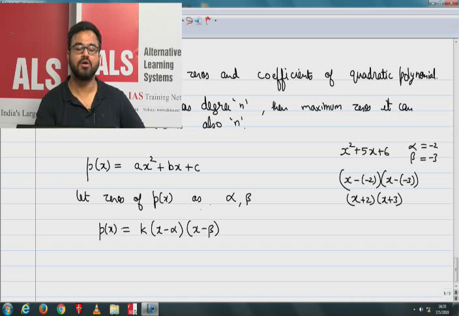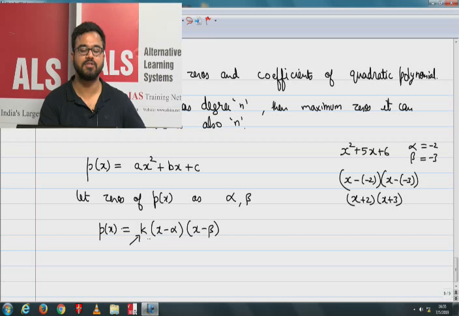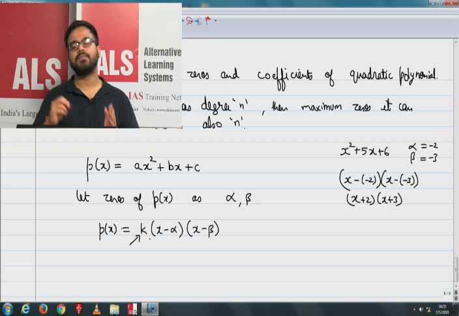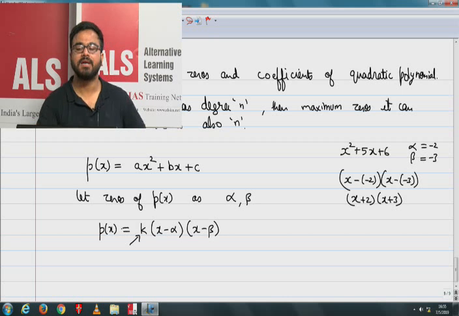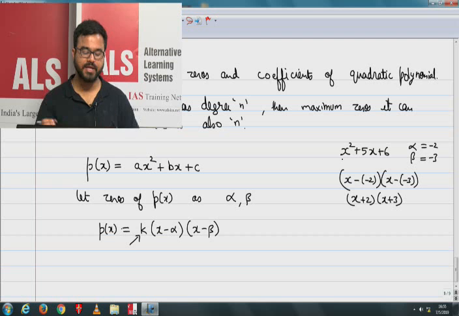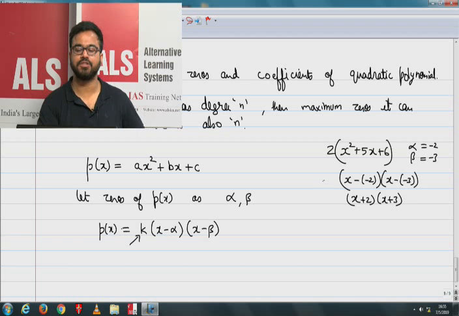Now you must be thinking, why is there a k in the starting? This k can be a multiplier of this one. Like suppose this is x square plus 5x plus 6. If we multiply the complete equation by, let's say, 2, the zeros will not get changed. Only 2 will be the multiplier outside.